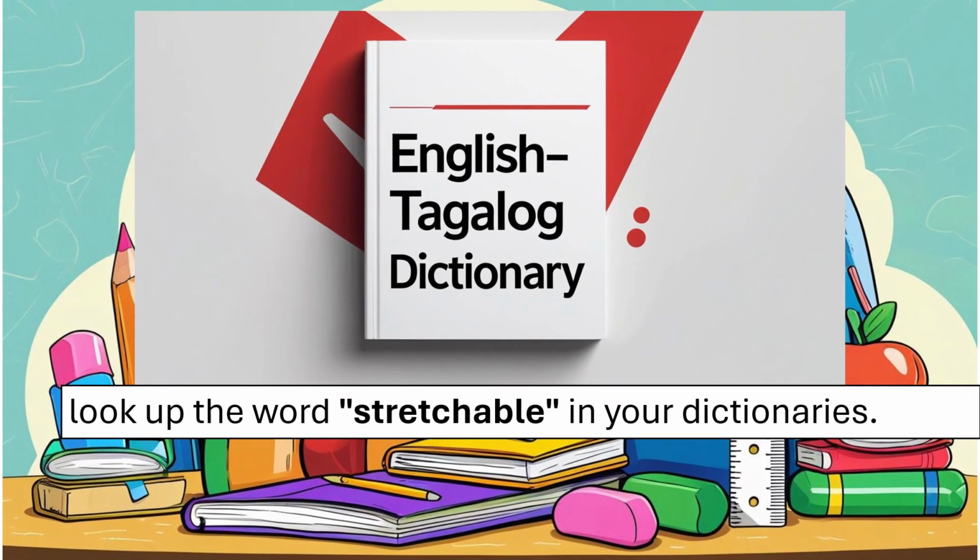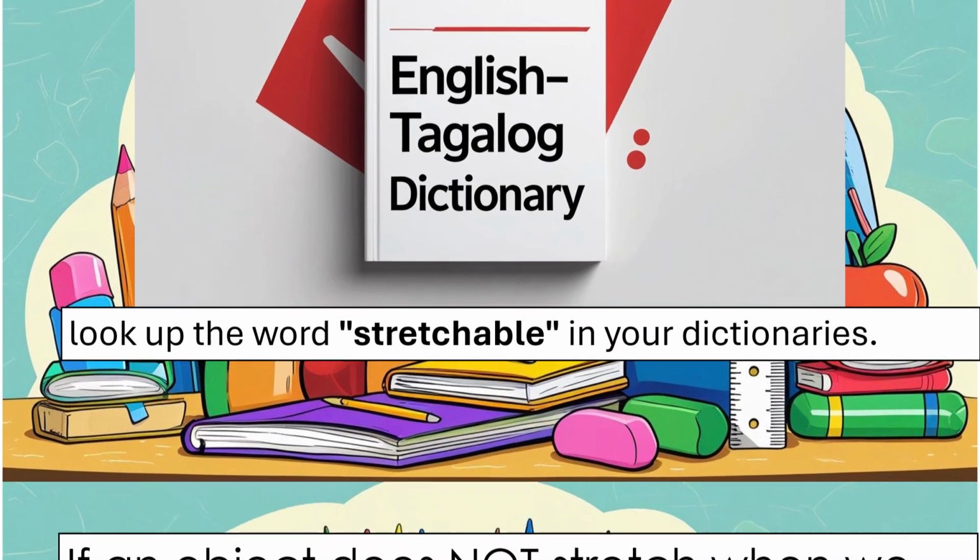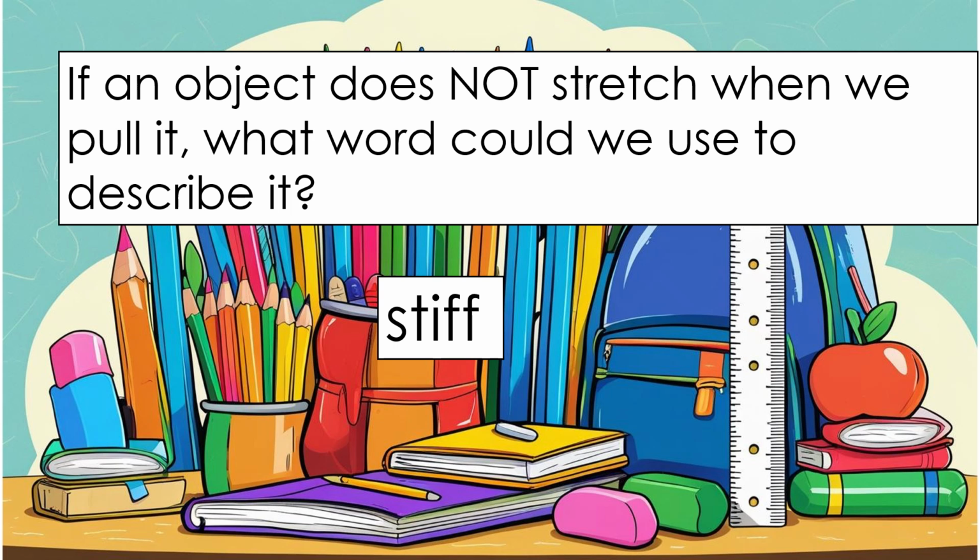Get your English-Tagalog dictionary and look up the word stretchable. If an object does not stretch when we pull it, what could be used to describe it? Yes, it is stiff.